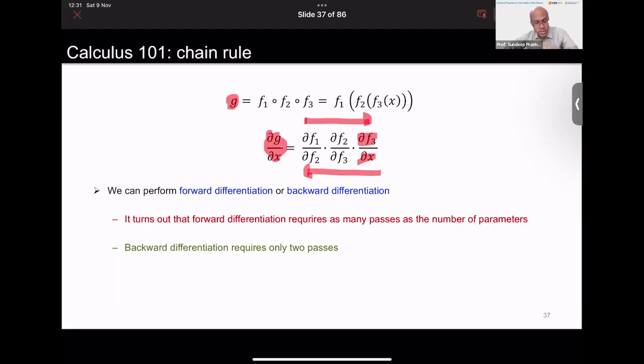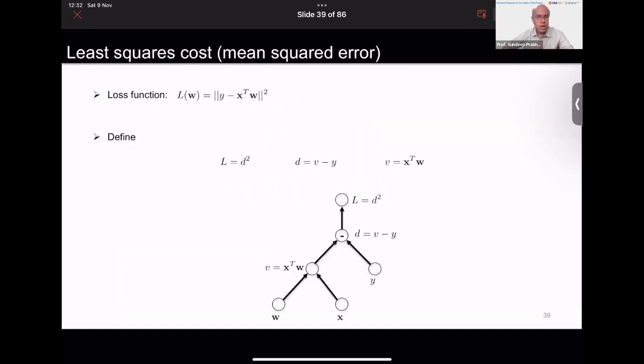And it so turns out, in a very interesting way, that if I compute this differentiation in a backward way, I can form a computational graph that requires only 2 passes of the data to compute this gradient. That we will see with a simple example of least squares cost function. Okay, so what we see is an automatic way of computing the gradient, which is a part of this backpropagation algorithm as we would like to have.